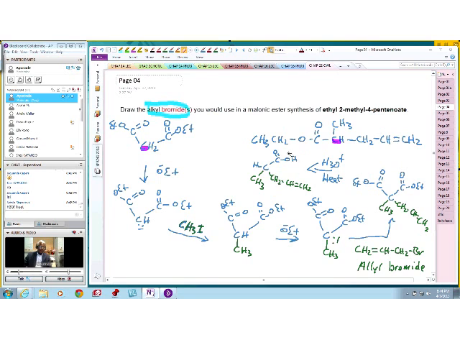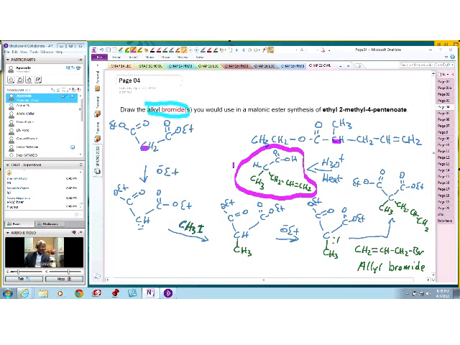So what do we need at this point? So far, this is what we have. This is a carboxylic acid, but we do need an ester. So what is the last step here? Anybody have an idea? We have made this.